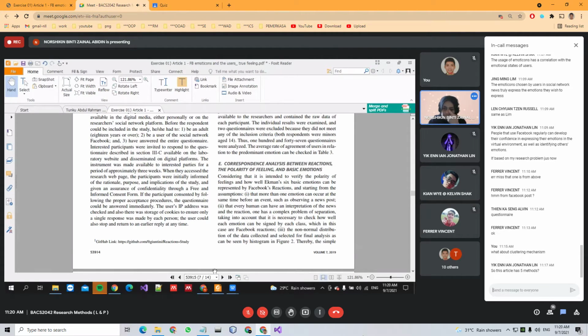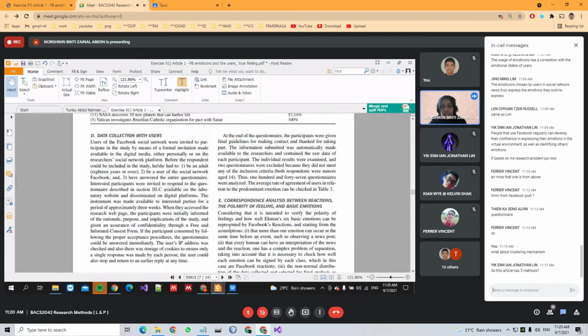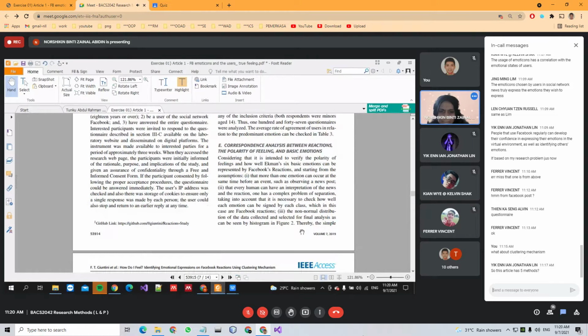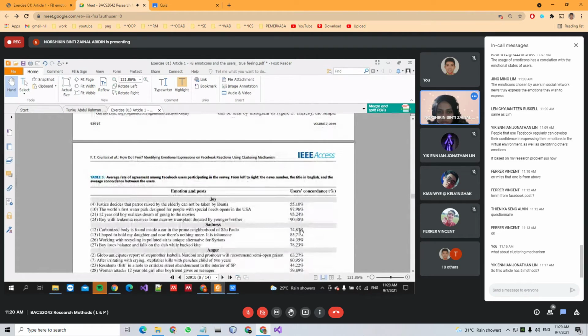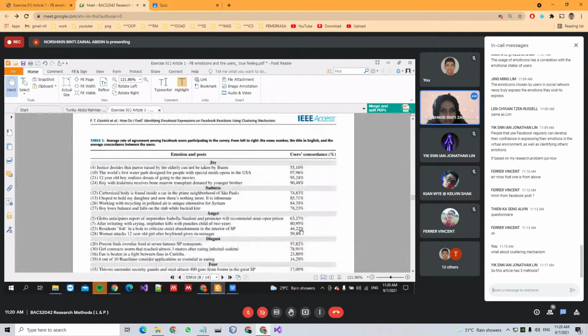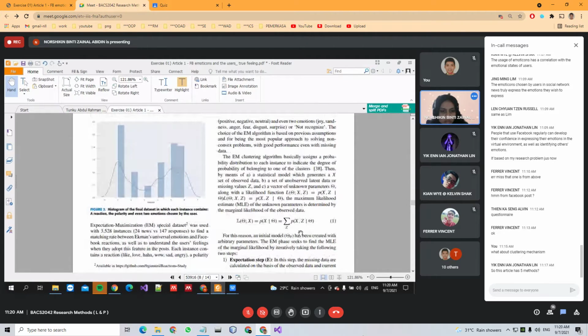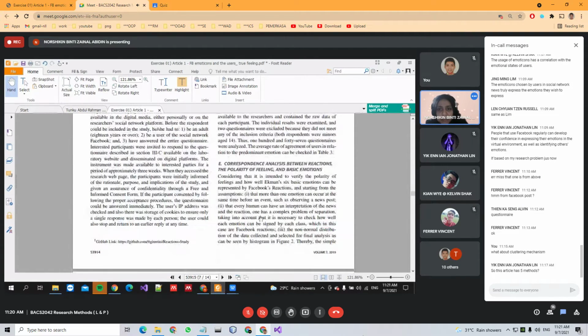Because E cannot be considered as a data collection method. Why I said so? Because in this section, they already do some analysis of the data that they get.